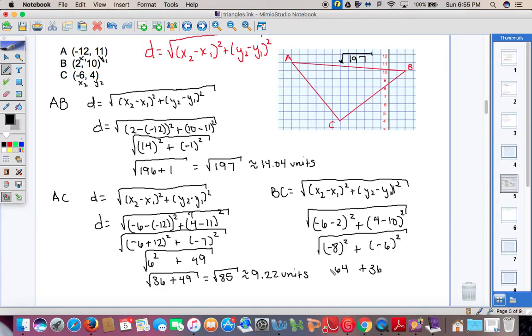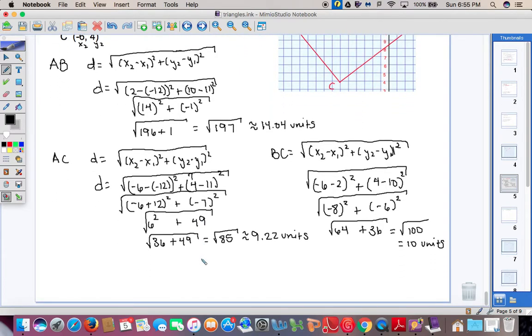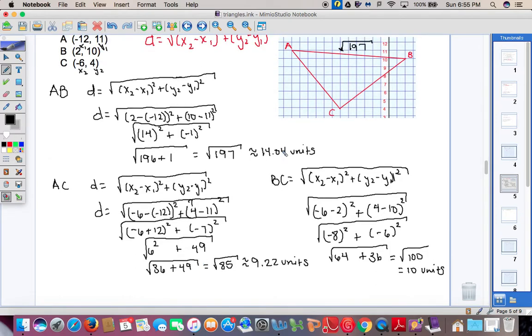This is the square root of 100, which is 10 units. From here I can find the perimeter because I have all three distances. B to C is 10 units, and A to C is the square root of 85 units.